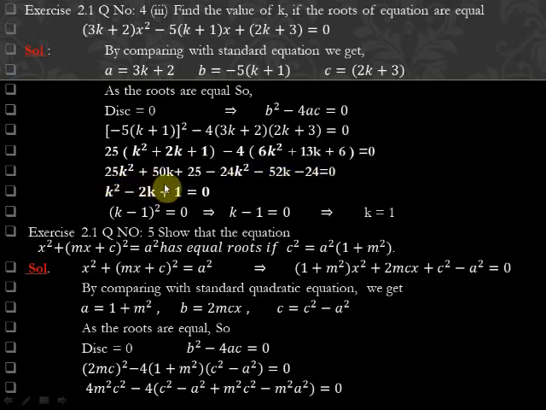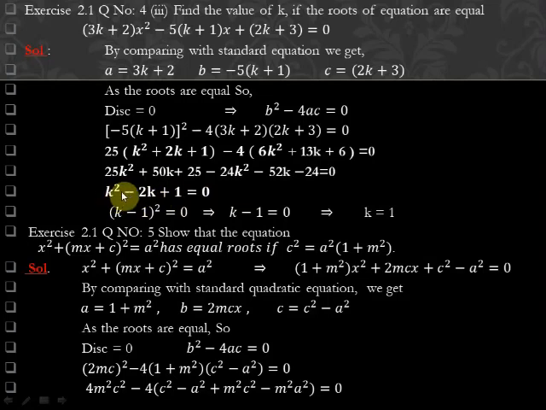On simplification, 25k square minus 24k square is equal to k square, 50k minus 52k is minus 2k, and 25 minus 24 is plus 1, is equal to 0.